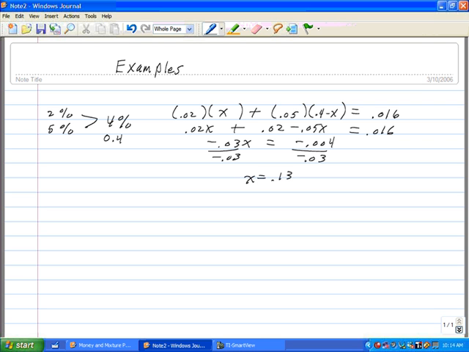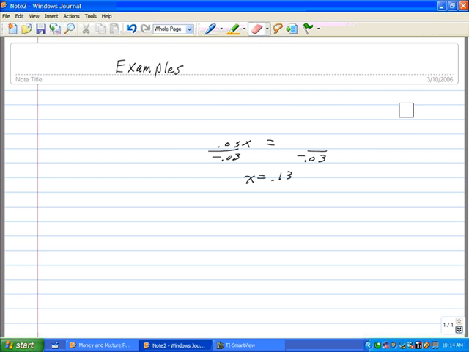Now let's look at one that's a little bit different for our final mixture example. Most of these examples have been taking 2 amounts, adding them together for a desired result. Let's go back to a money problem to see how the mixture problems can be set up slightly different.